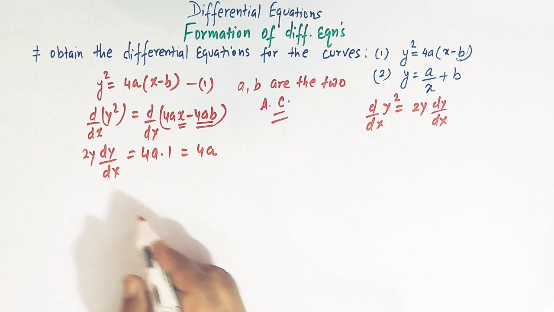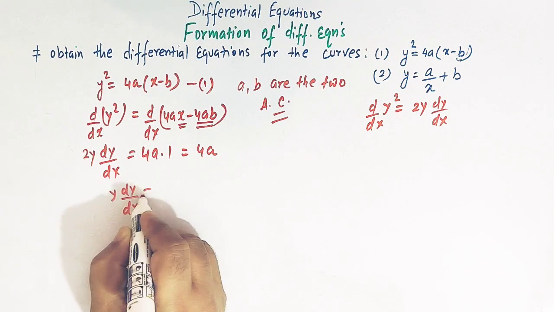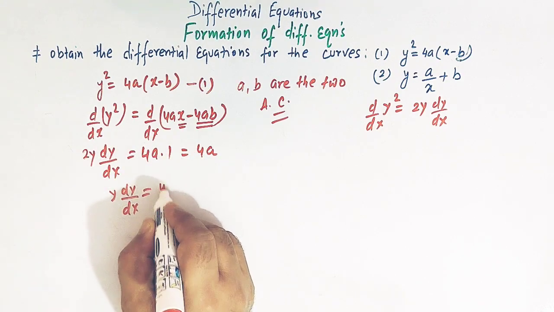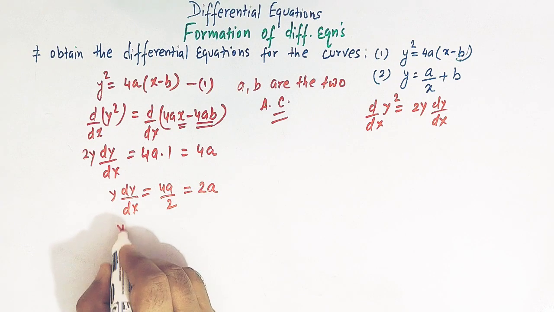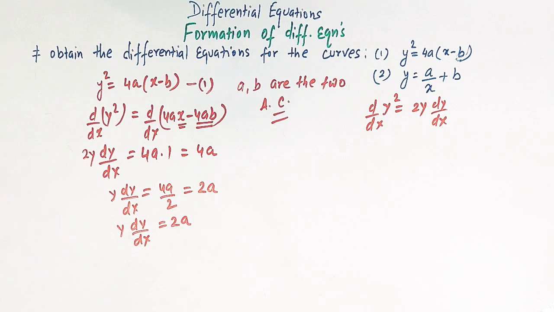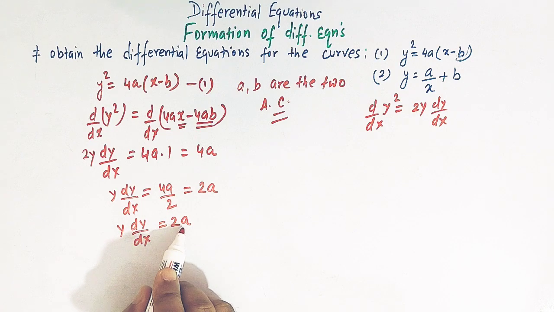Now here we have 2y dy over dx is equal to 4a, and we can cancel this 4 by this 2. So we have 4a over 2, that is 2a. Now we have y dy over dx is equal to 2a. Still there is one arbitrary constant, that is a.